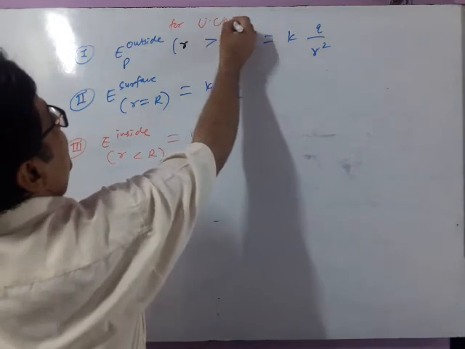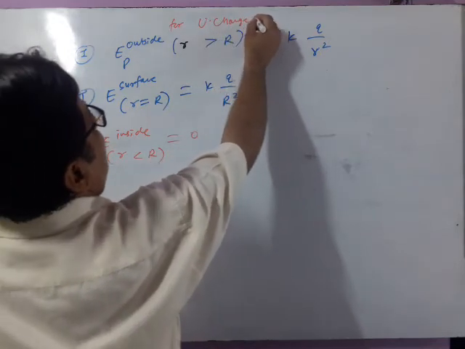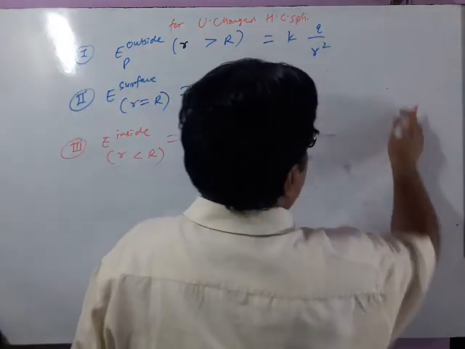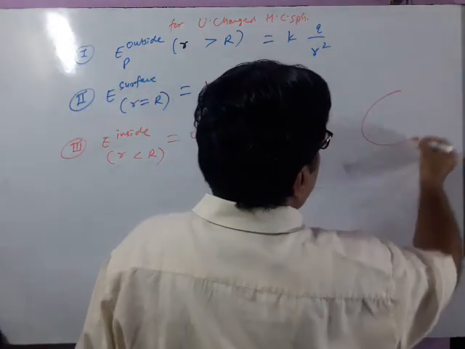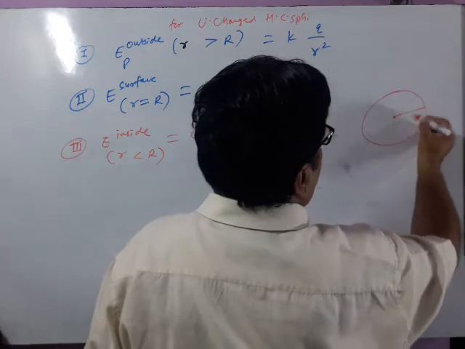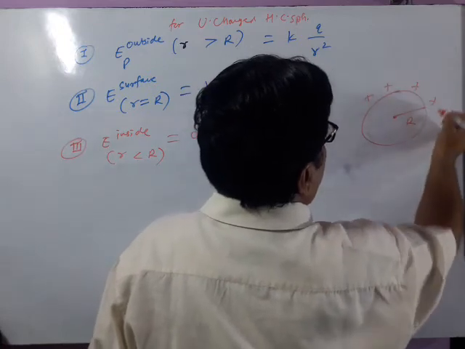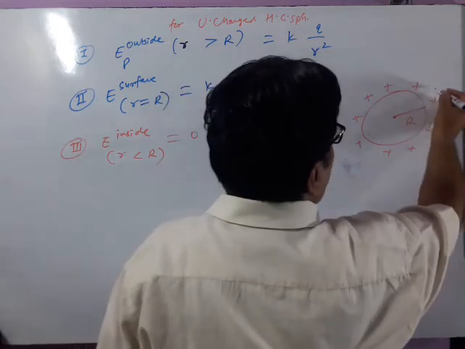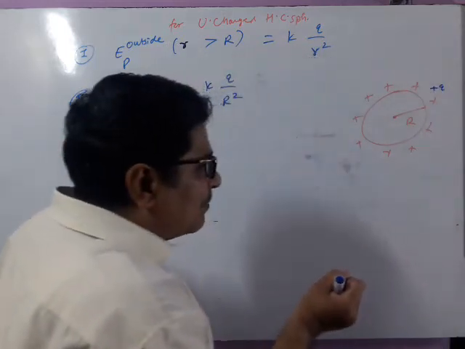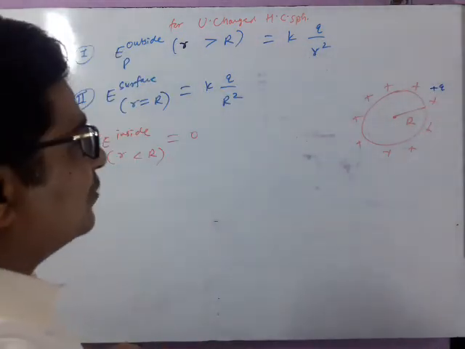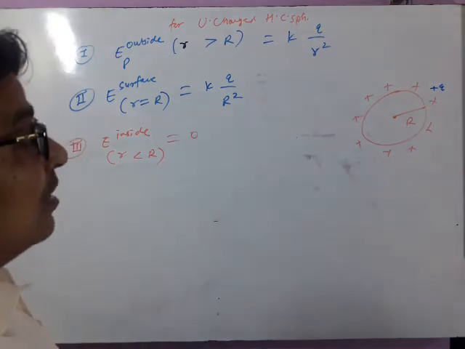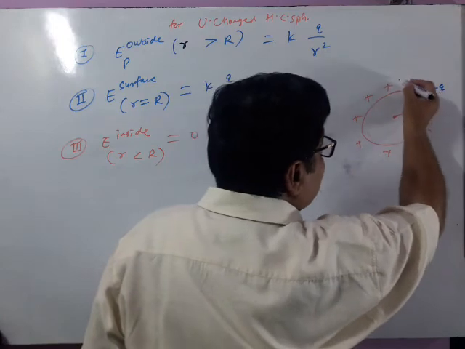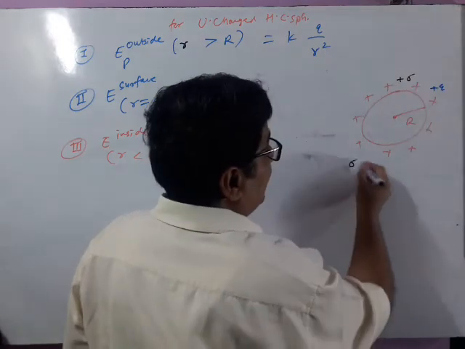For a uniformly charged hollow conducting sphere, focus 100%. See, this is a uniformly charged hollow conducting sphere of radius capital R. Plus Q charge is uniformly distributed on it. Now, instead of charge, he will say sigma.